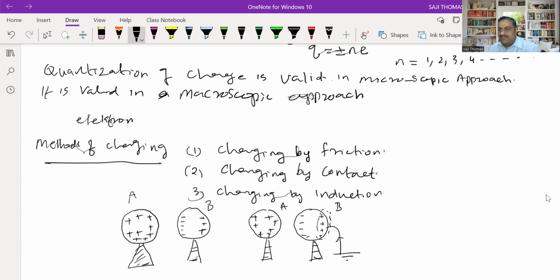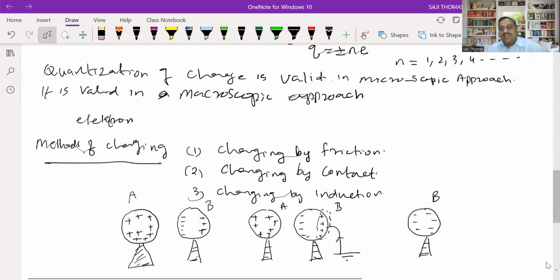After disconnecting from the earth, you move A away. Then the negative charge will be uniformly distributed on the sphere B. This is how you charge an uncharged object with negative charges. You can charge by induction. This is the method of induction. You can also charge an uncharged object positively.